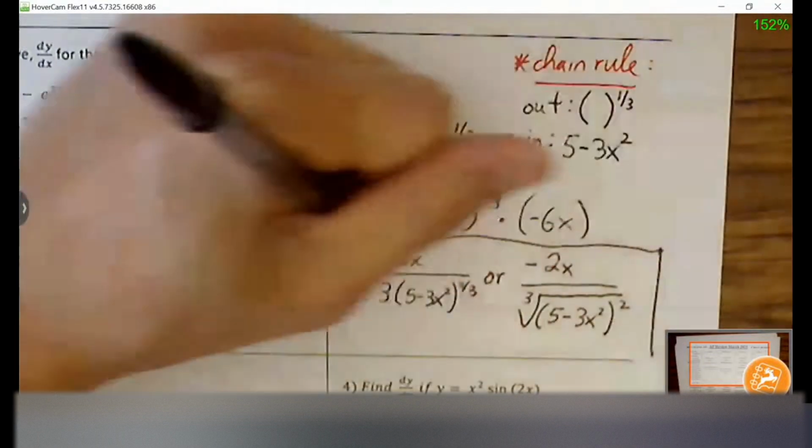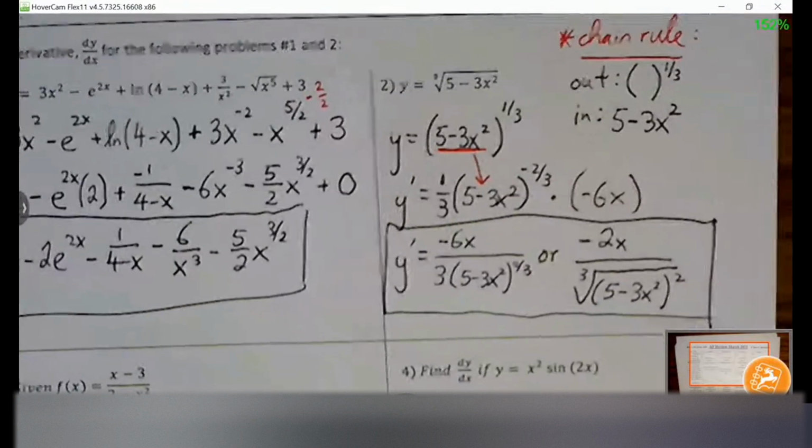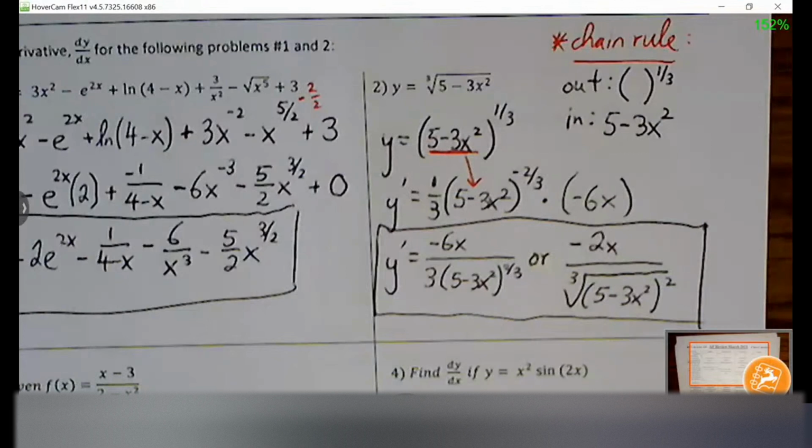And I want to give you a lot of varieties of answers because I want you to be able to recognize the different forms in case on the multiple choice exam you get to the answer that is correct, but that form doesn't show up in your answer choices. You need to play with the different forms to get it to match with whatever form is presented in your answer choice.